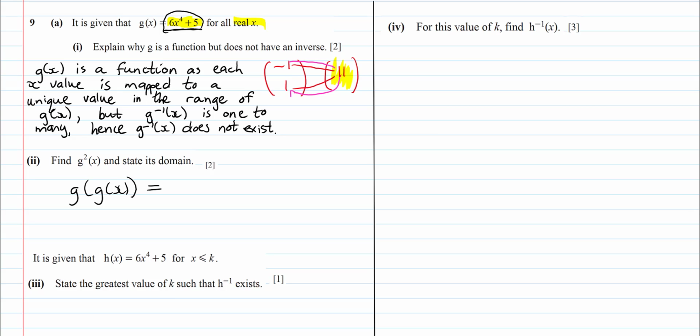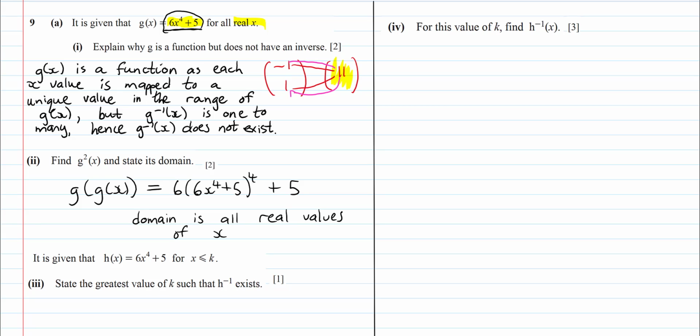So we get 6 times 6x to the power of 4 plus 5, all to the power of 4, and then plus 5. This is valid for all real values of x, so the domain is all real values of x. Okay, and that is part 2.